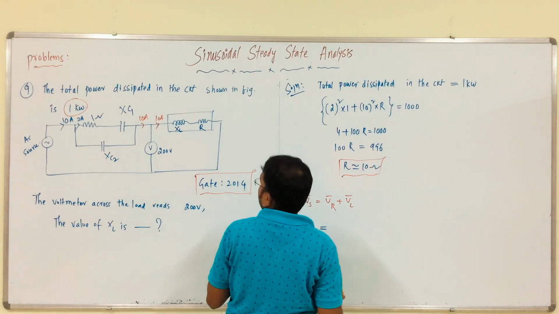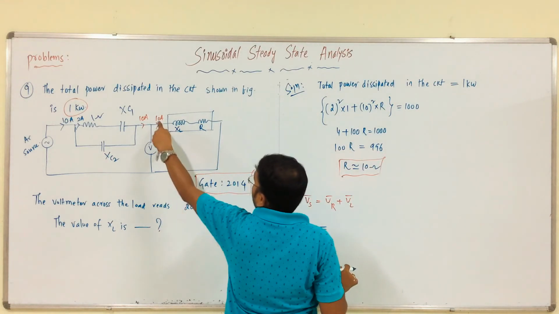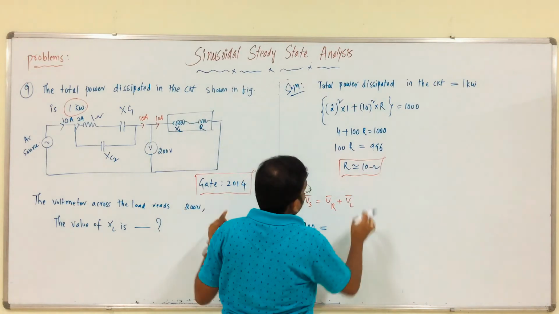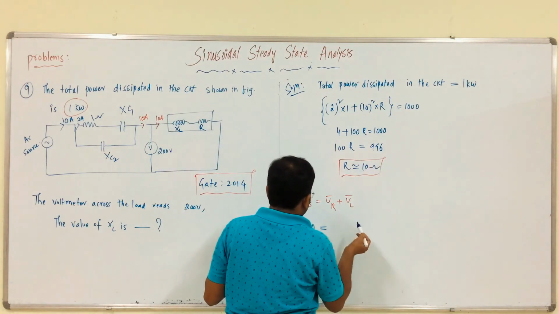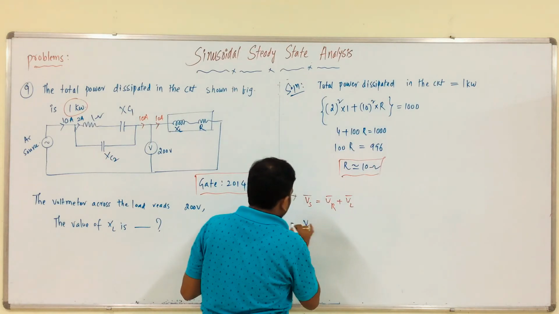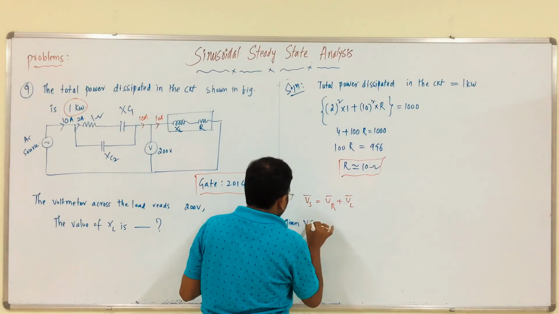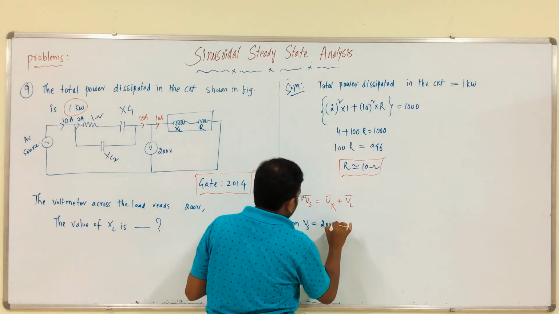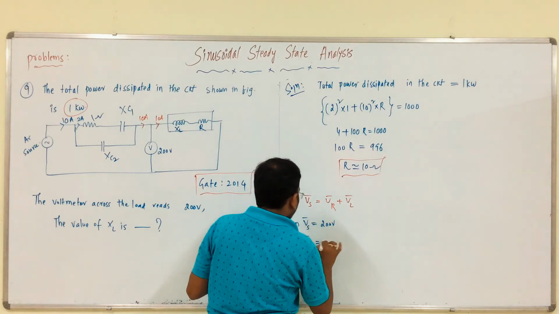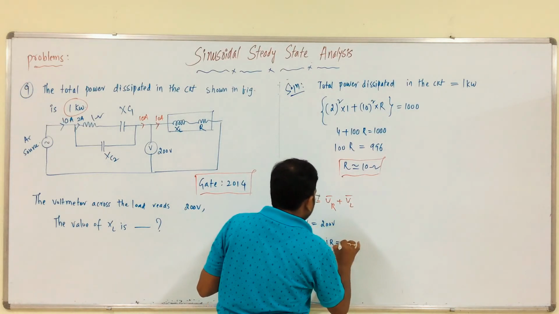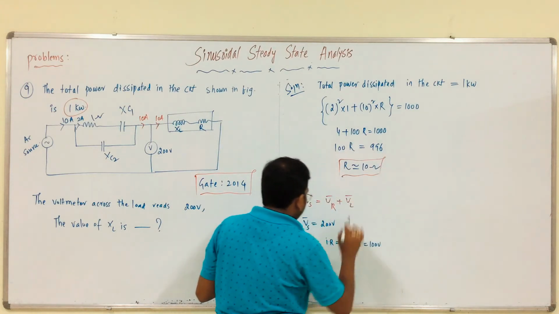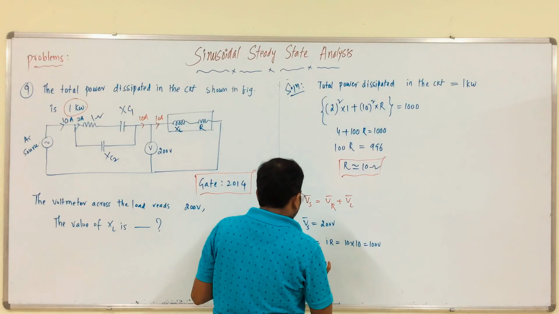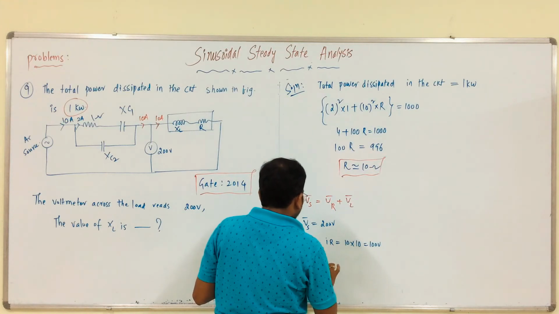Given Vs is 200, VR is I into R, which is 10 into 10, which is nothing but 100 volts. From this we have to calculate VL. Therefore, VL should be equal to what?